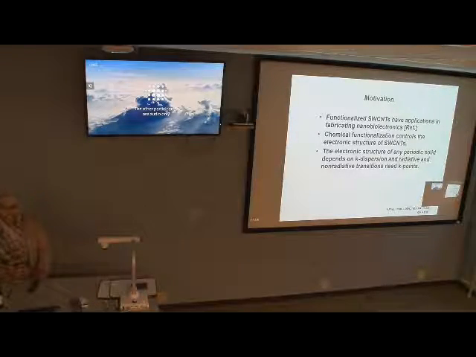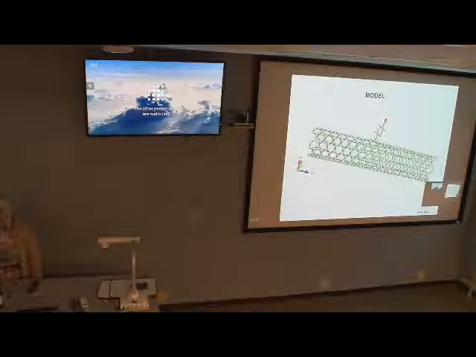And you know, the k-dispersion is important for any periodic solids. Here is the model of an aryl group modified carbon nanotube. Can you explain what is in this model, which atoms and how they are arranged?